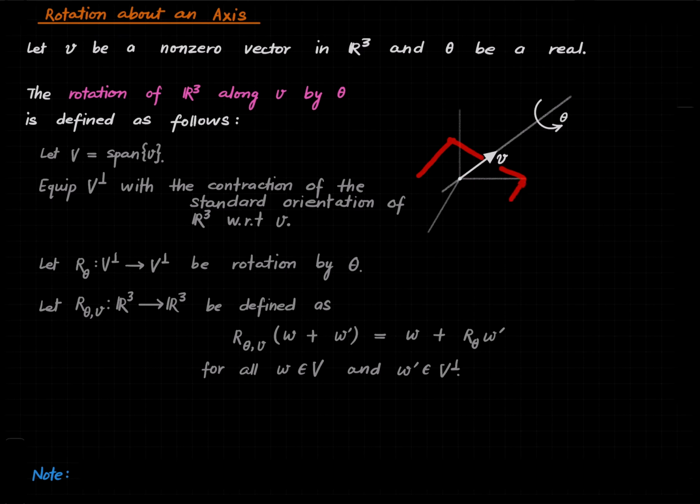We have this hyperplane. We want to define this notion of rotation by theta along this axis, where it matters that this vector is known to us. If there is no vector here and I ask you what is meant by rotation about this axis, what would you say? Somebody might rotate it this way by theta and somebody else might rotate the other way by theta, right?